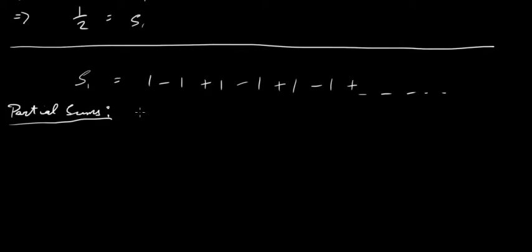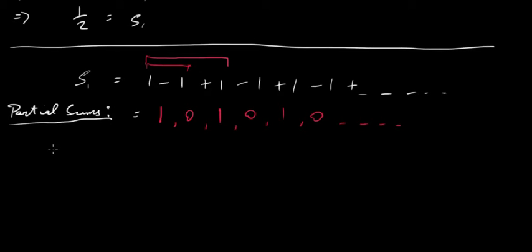Okay, so if I look at the first one here, I'm just going to write down the partial sum of the first one, which is just 1. Now the second one here, these two here then, I've got 1 minus 1, that's going to give me 0. Have a look at the first 3, that's 1 minus 1 plus 1, that brings me back to 1 again. And you'll see that's just going to oscillate really, it's just going to go up and down from 1 to 0, 1 to 0 and so on. So these are our partial sums.